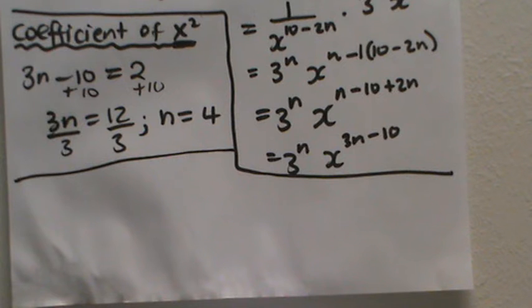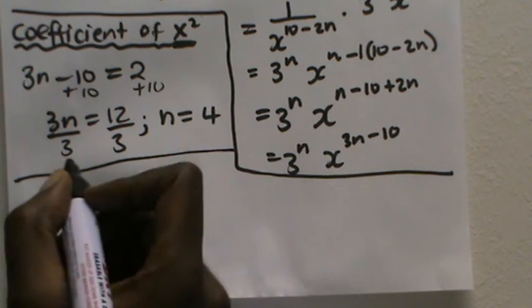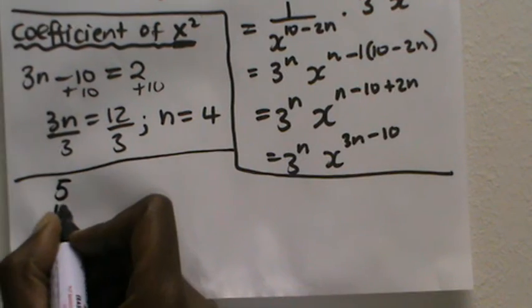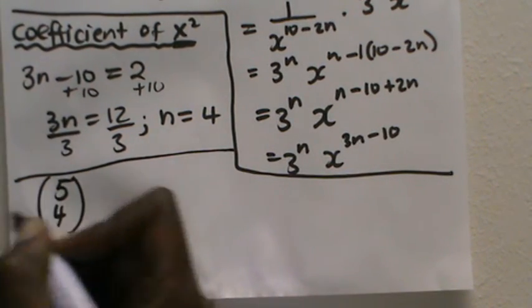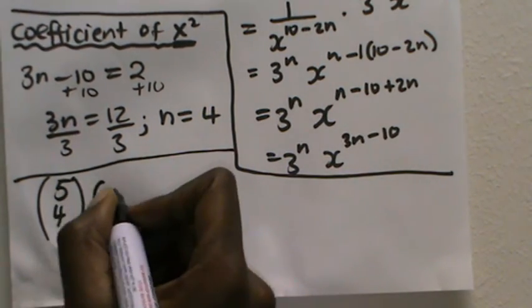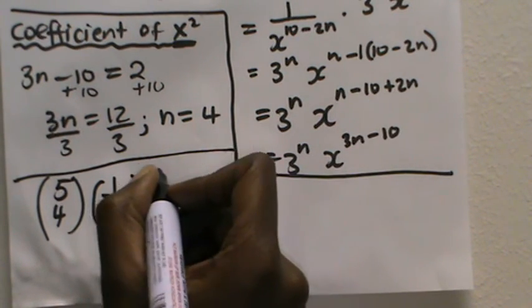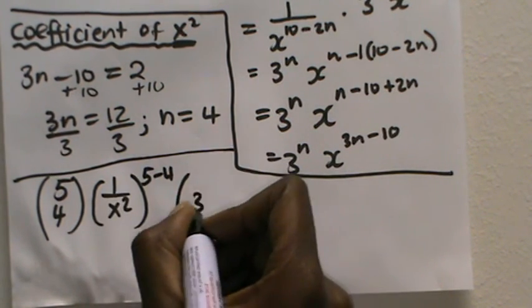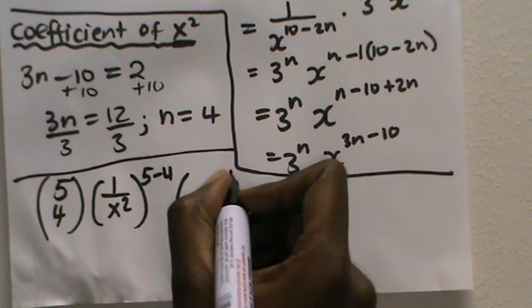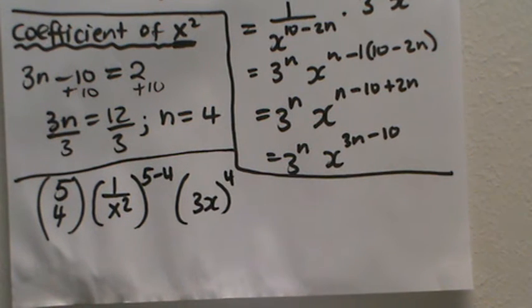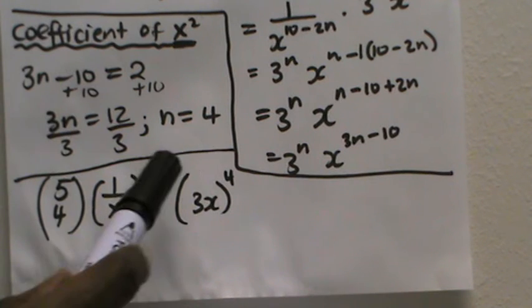Okay, so I'll write down the formula of the binomial term. This is 5 choose 4, because n is 4. And then we said it is 1 over x squared to the power of 5 minus 4, and then 3x to the power of 4. Okay, so everything I did was just to work out what this n is.